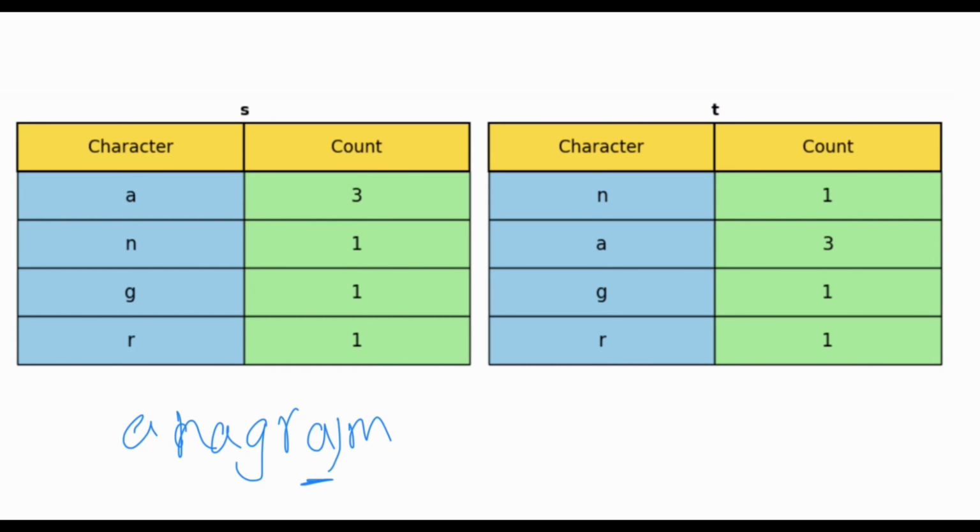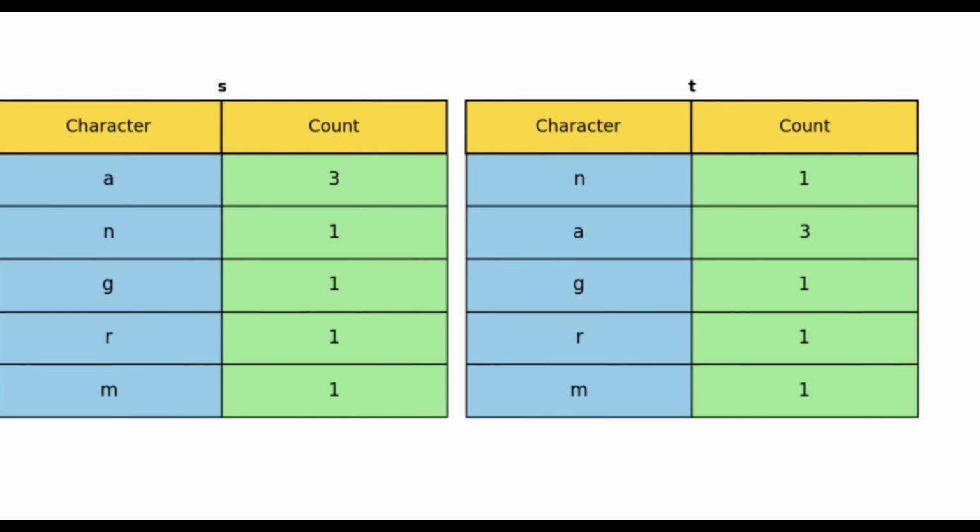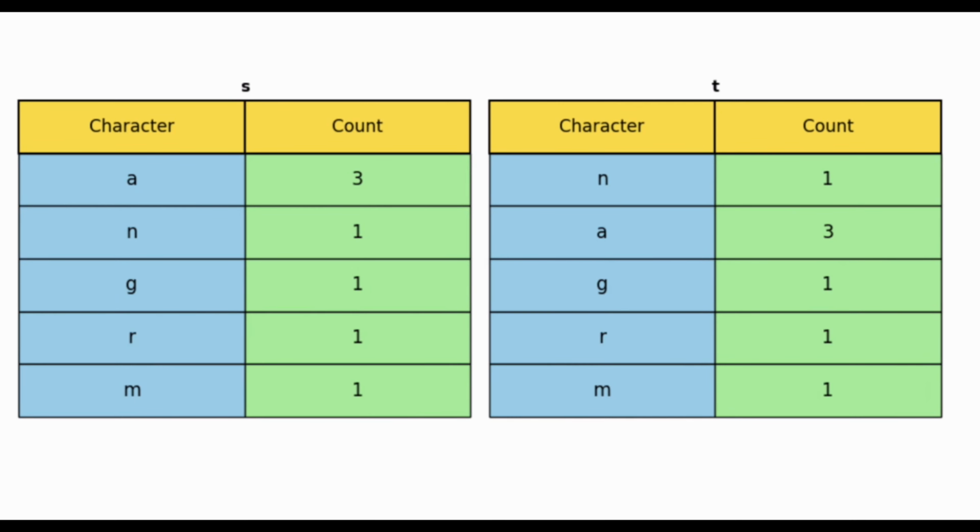We have 3 A until now, and we put A as 3 here, and we have 1 G, 1 N, and 1 R until this one. Then we move to the last character, and we see that the last character is M, and we put 1 here for M.